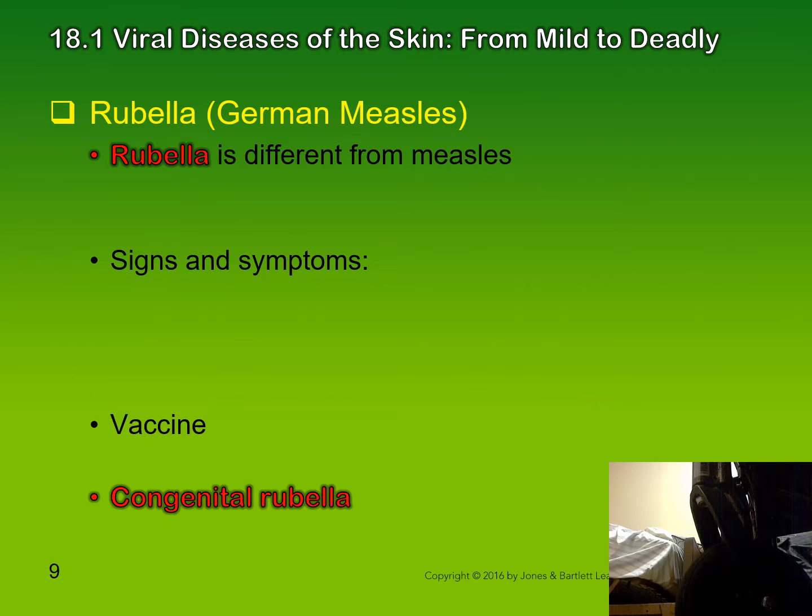Rubella, or German measles, is different from measles. You get a slightly red rash, and it is caused by the rubella virus, not the measles virus.